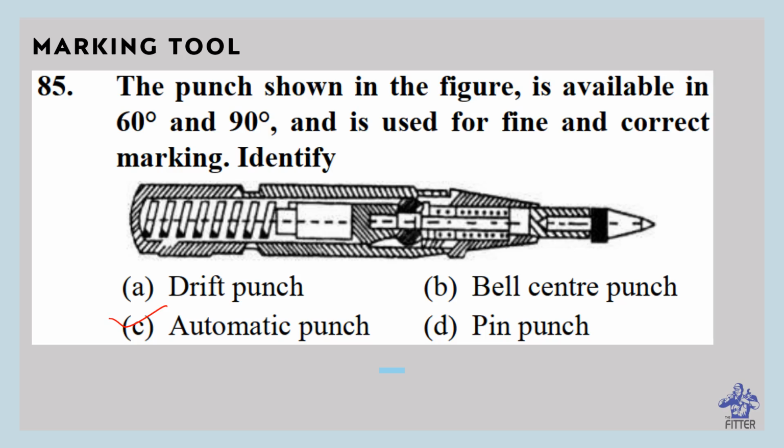Its point is of 60 to 90 degrees. It is used for fine and accurate marking. The force of strike can be adjusted by rotating its cap fitted at the back.